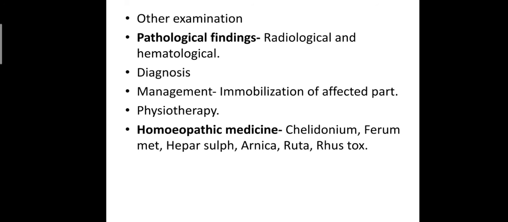Homeopathic medicine: Chelidonium, Ferrum metallicum, Hypericum sulph, Arnica, Ruta, Rhus tox. If the right shoulder has pain or disease, periarthritis, right-sided periarthritis, Chelidonium, and left-sided periarthritis, Ferrum metallicum.